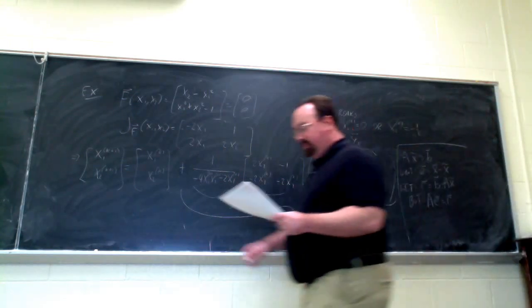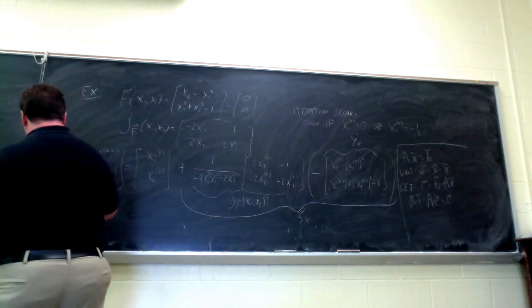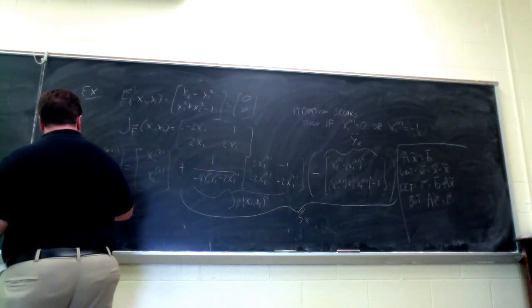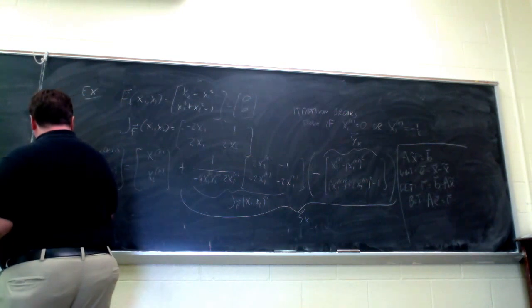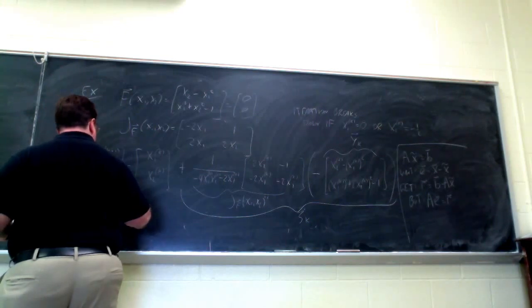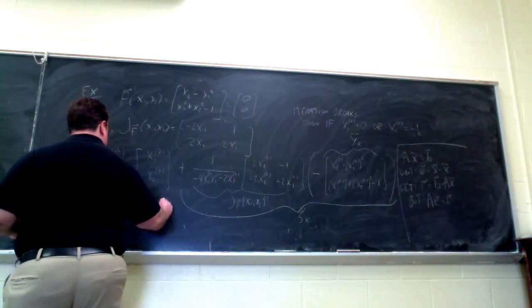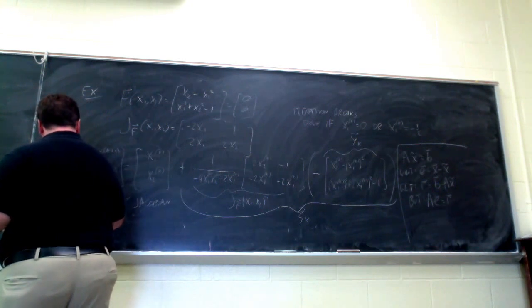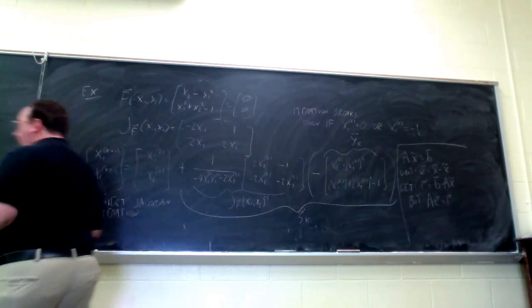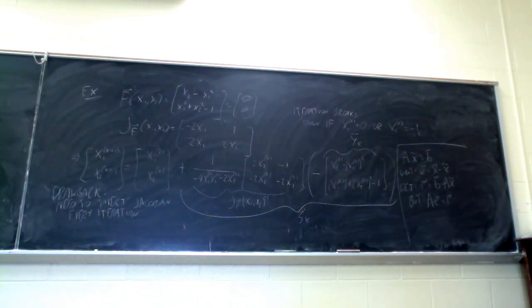Okay, so the big drawback of Newton's method for systems is the need to invert the Jacobian every iteration. I put invert in quotes because, as I said before, you're not actually computing the full inverse of a Jacobian.